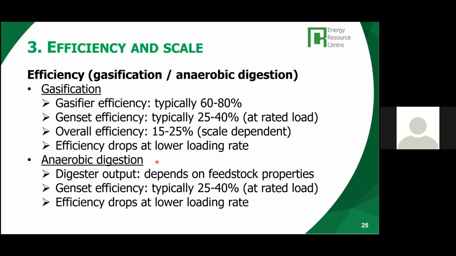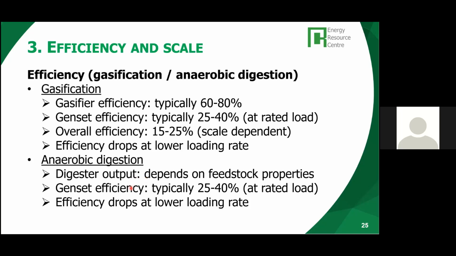For biogas systems, anaerobic digestion, as indicated, the digester output depends on the feedstock properties and also on the digester design. Assuming a correct design, you could have a sufficient digester size to have more or less complete conversion of feedstock to biogas.